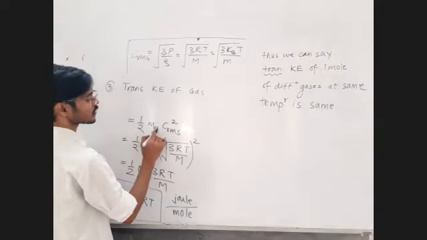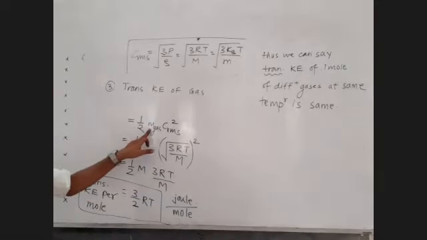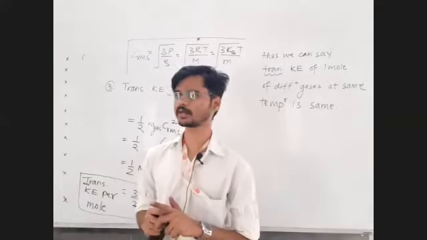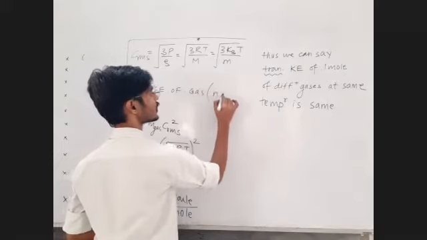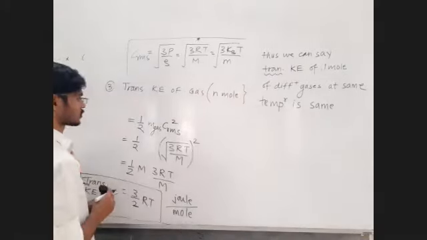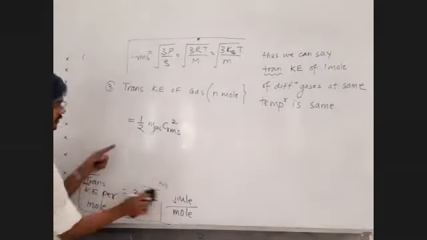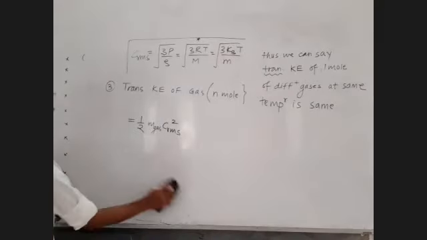Mass of a gas. 1/2 mass of the gas into C_rms square. Now I am not given 1 mole. Let's say I am given n moles. Gas means you are given n moles. So the formula you shall use is 1/2 mass of a gas into C_rms square. This is the formula to be used.